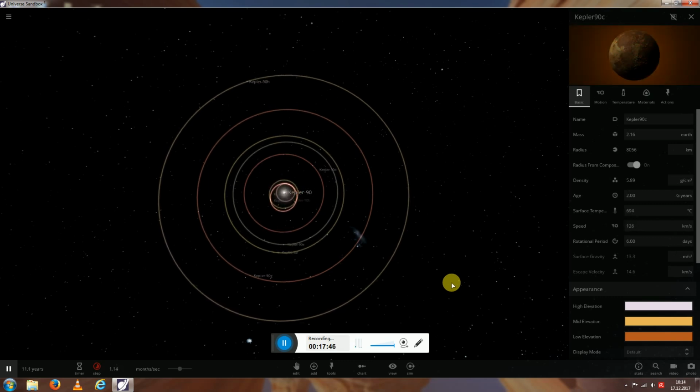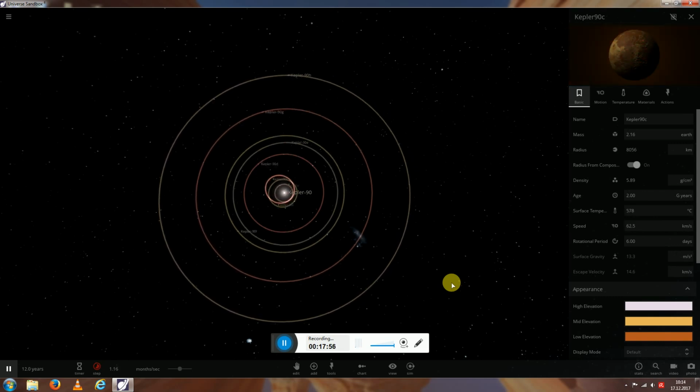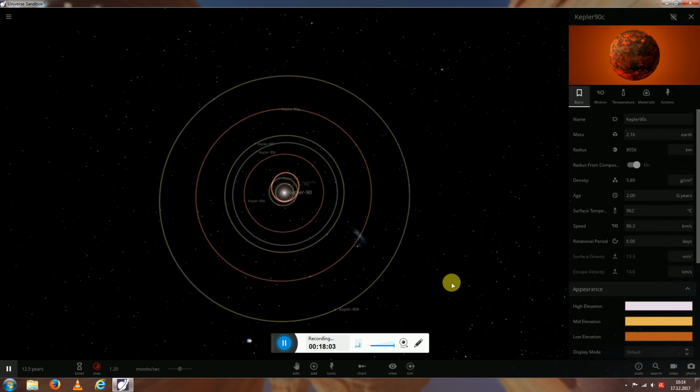Like I said before, there are several other stars that have 5, 6 and even 7 planets, but this is the first to have 8 planets, just like our own.